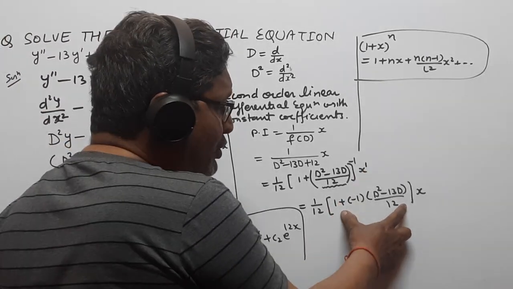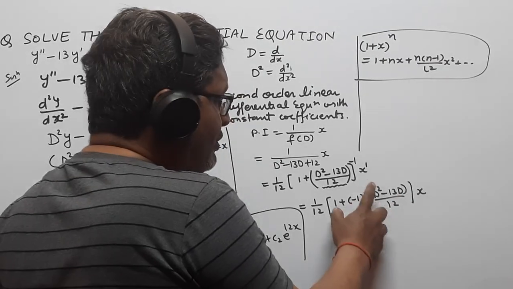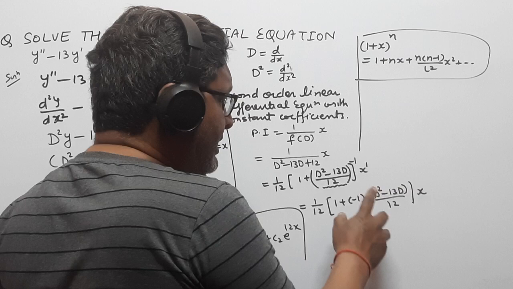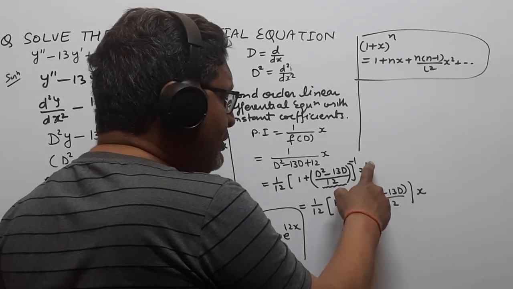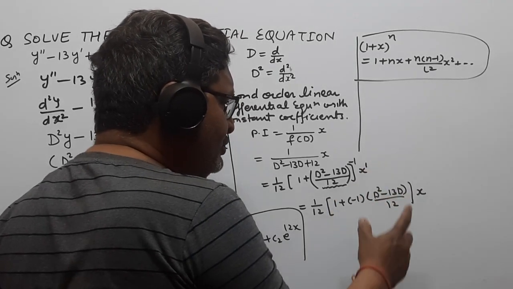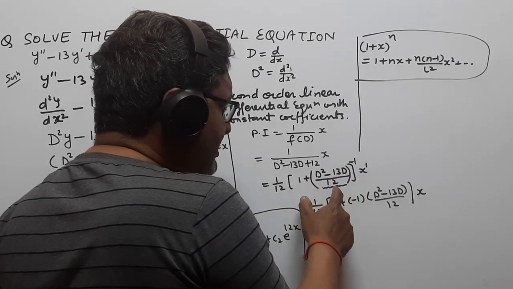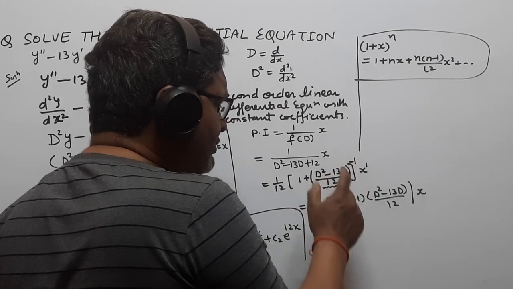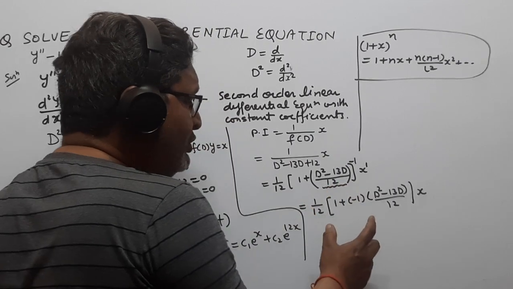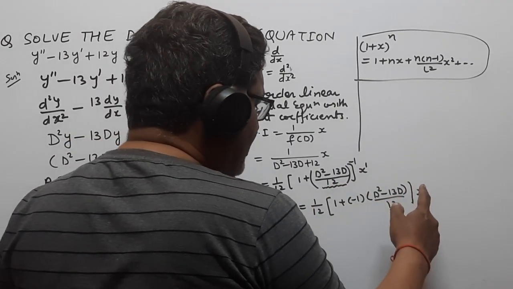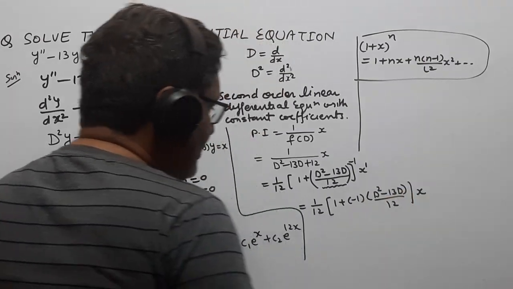We take those terms only in the expansion of 1 plus D square minus 13D upon 12 whole power minus 1.